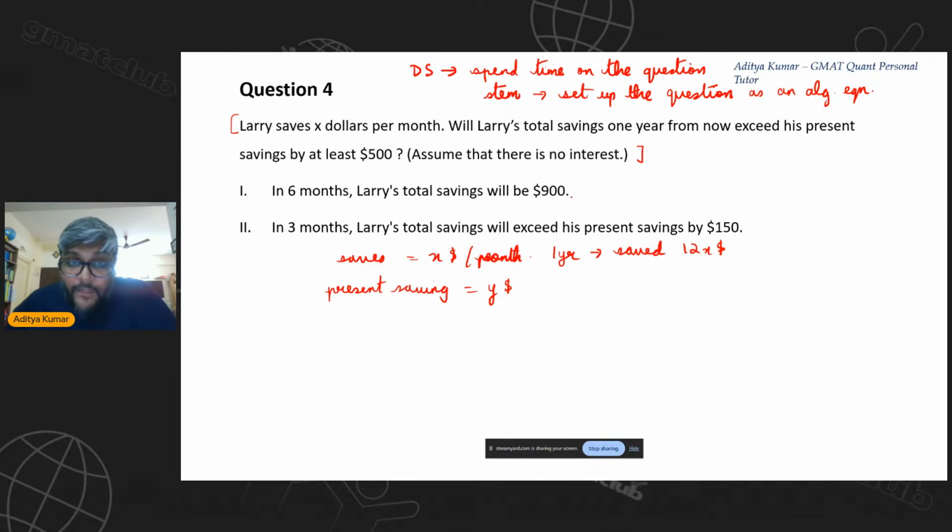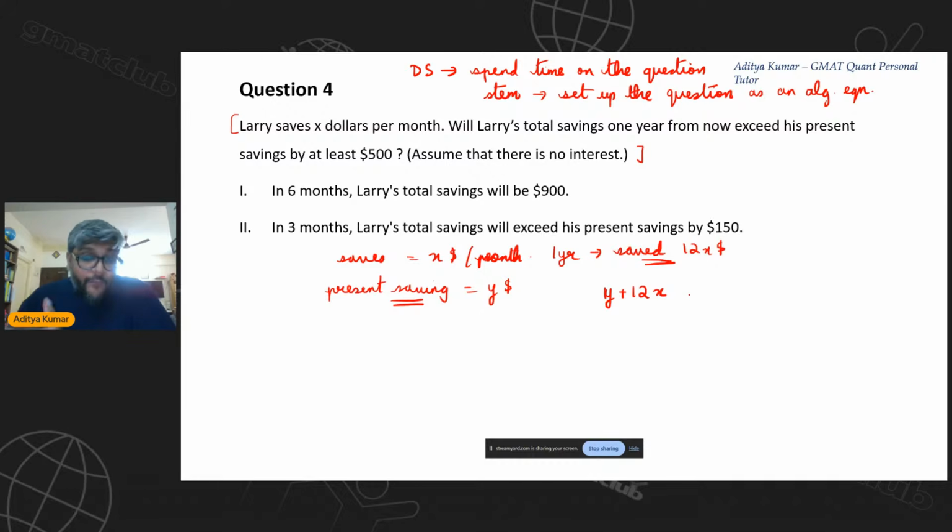And what is his total savings? His total savings will be his present savings plus what he saved during the course of the year. So will Larry's total savings, that is Y plus 12X, exceed his present savings by at least $500?